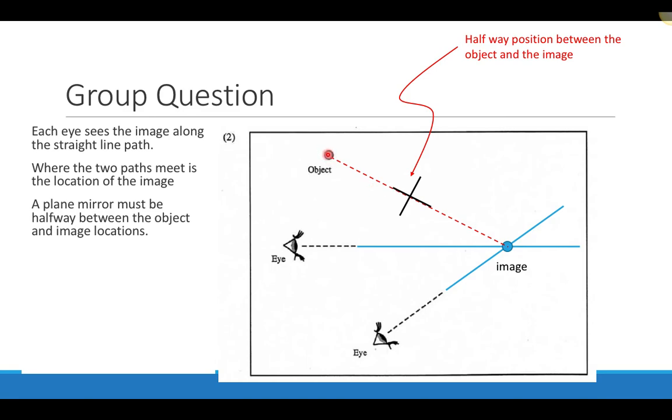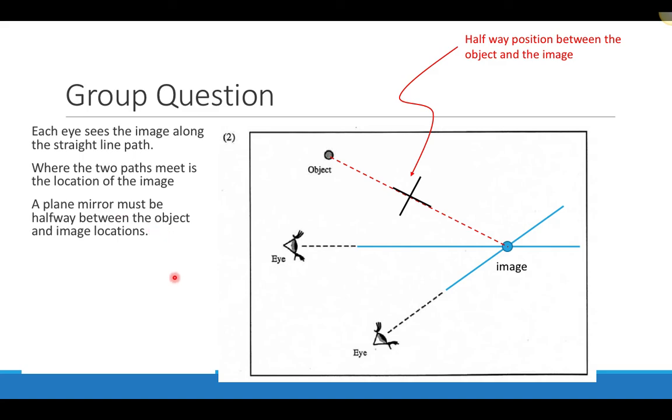I measure the distance between the object and the image, figure out where the halfway point is, and then put crosshairs, a line that's parallel and a line that's perpendicular, and where those meet is the halfway point. And that's where the mirror is going to have to be located.